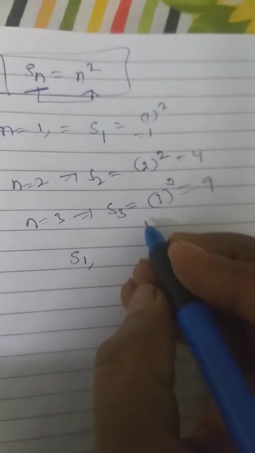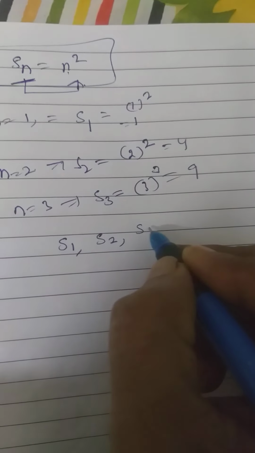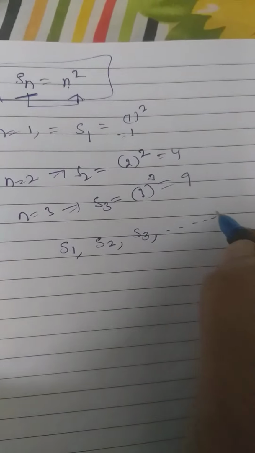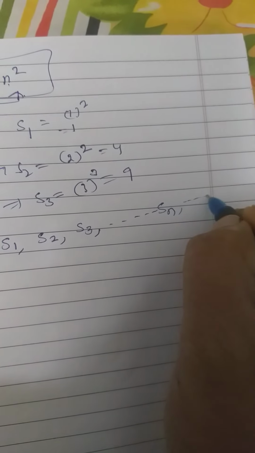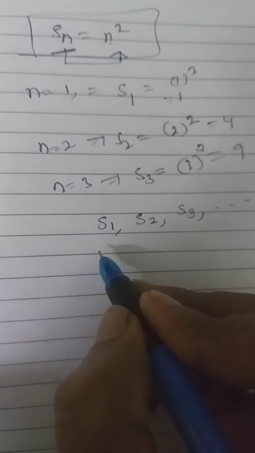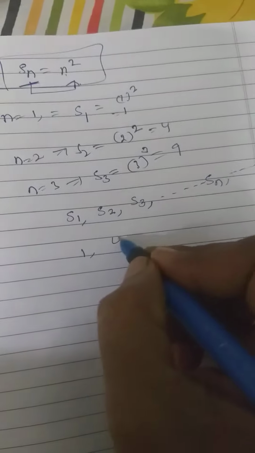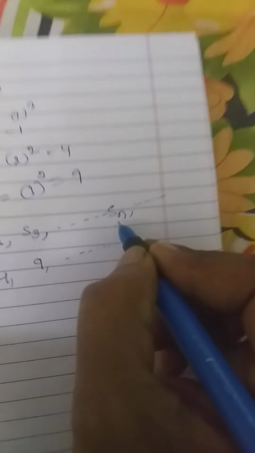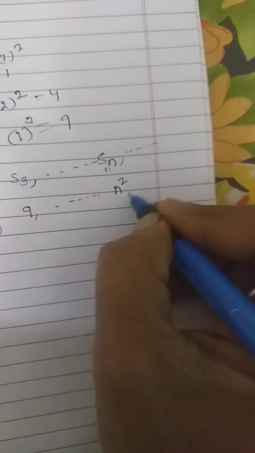Now what are the terms of the sequence? S1 is the first term of the sequence, S2 is the second term, S3 is the third term, and so on. S_n is the nth term of the sequence. What is the S1 value? Here 1. S2 value is 4, S3 value is 9, and so on. S_n value is n square, the nth term is n square.